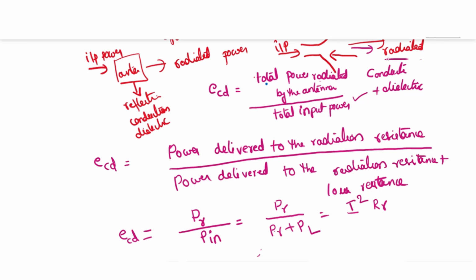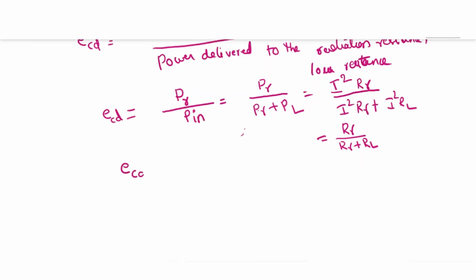So it is I squared RR divided by I squared RR plus PL, which is I squared RL. PL is the power loss due to the loss resistance RL. Now if you cancel, it becomes RR by RR plus RL. Actually, ECD is RR by RR plus RL. Don't consider the reflection here. We are considering only the radiation efficiency concept.